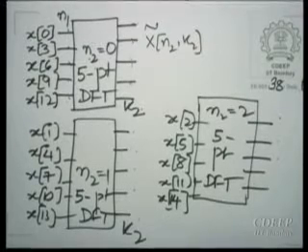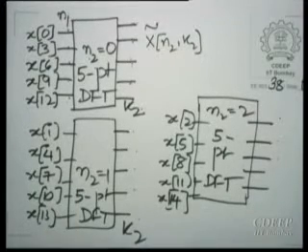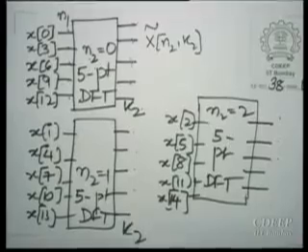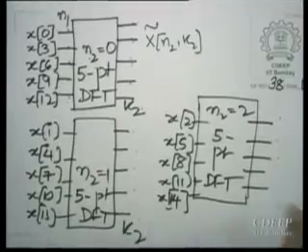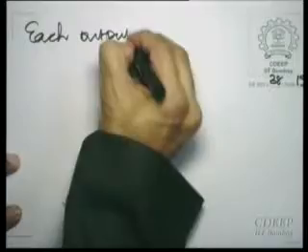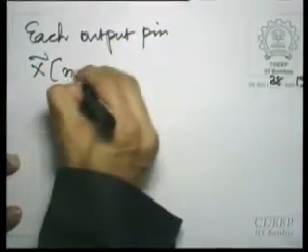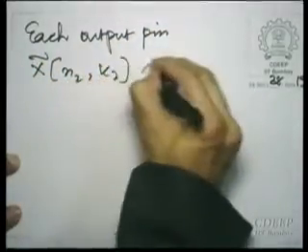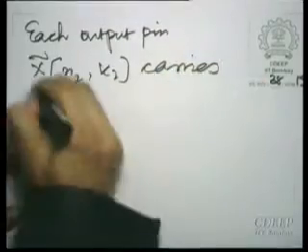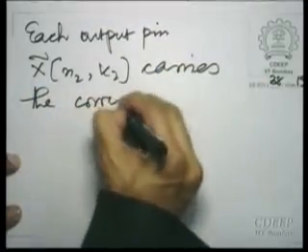Is that clear? Now, therefore, each of the pins must be attached to a multiplier. Each output pin, X tilde N2 K2, carries a corresponding multiplier.